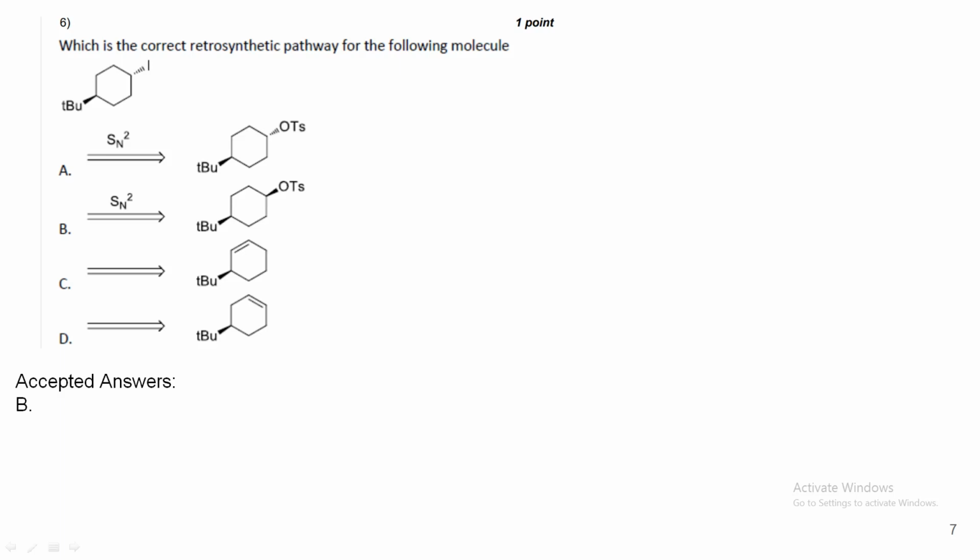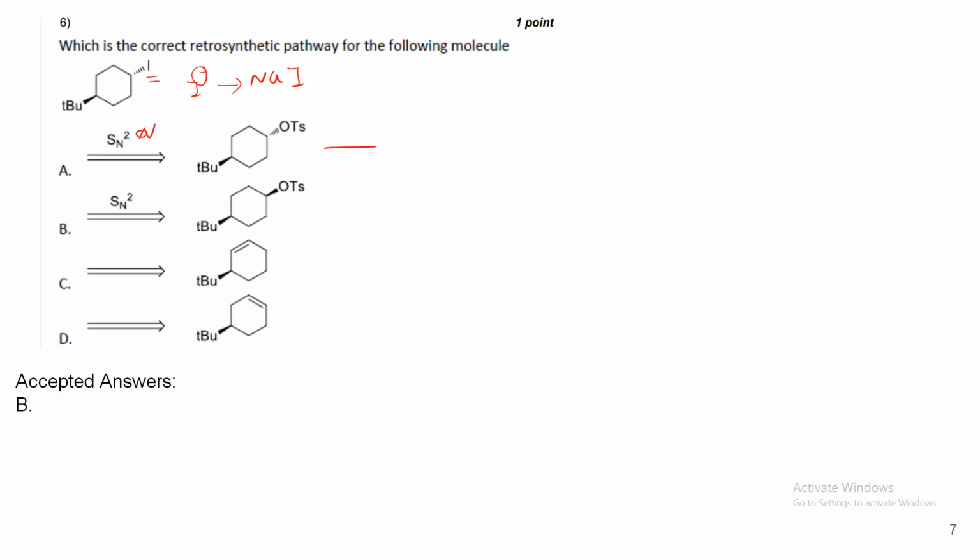So SN2, and OTs should be the leaving group, and so here what is the nucleophile? So I minus would be the nucleophile, and let's say we can use sodium iodide salts.